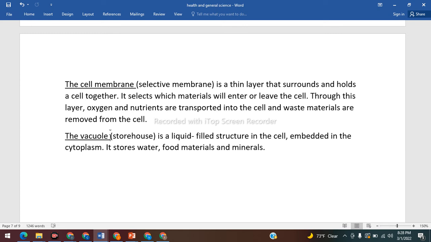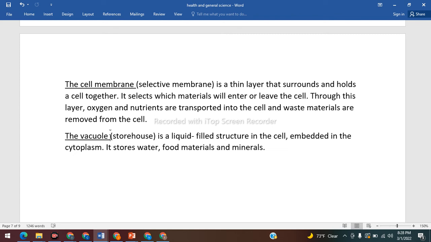So let me quickly quiz you all. Which structure is similar to the brain of the cell? Nucleus. Very good. The nucleus is similar to the brain. Which structure is what we call a resting place, where all the organelles reside?